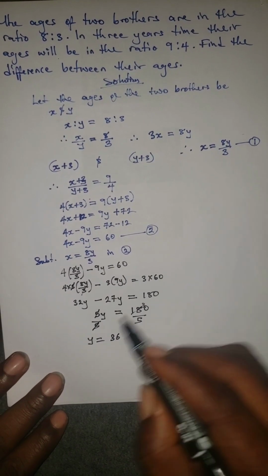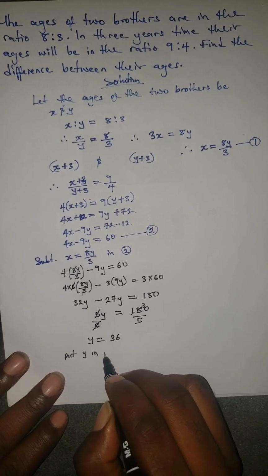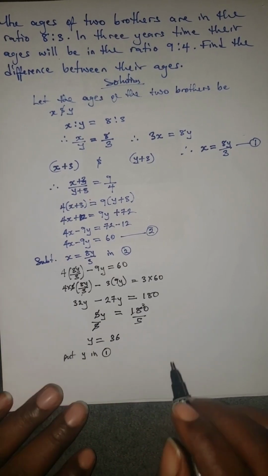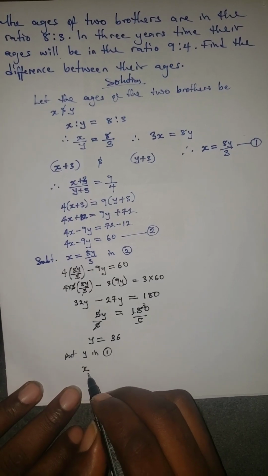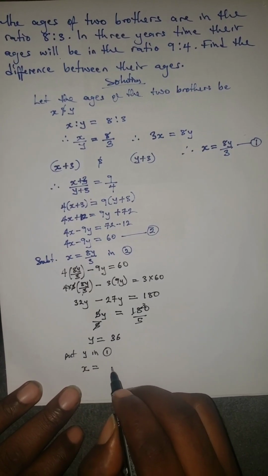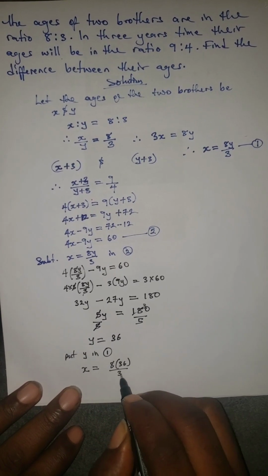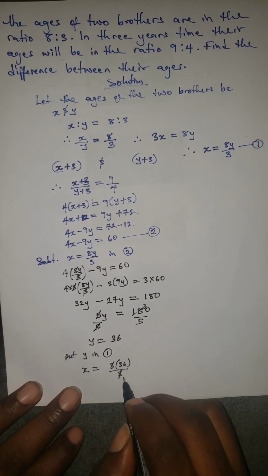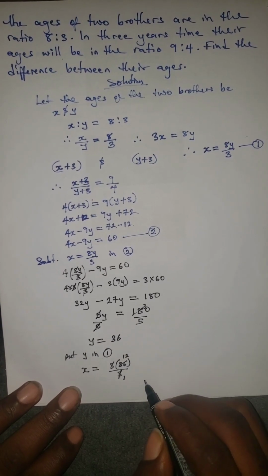So when you put y in 1, that will give you that x equals 8 into 36 over 3. So 3 here, 1, 3 here, 12.